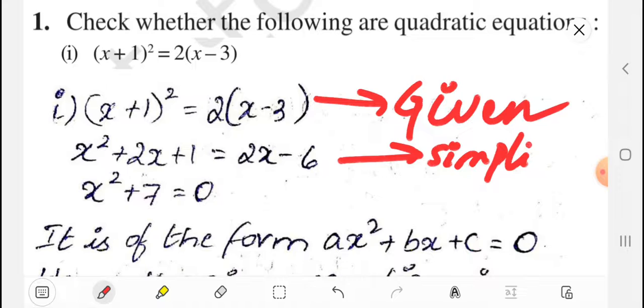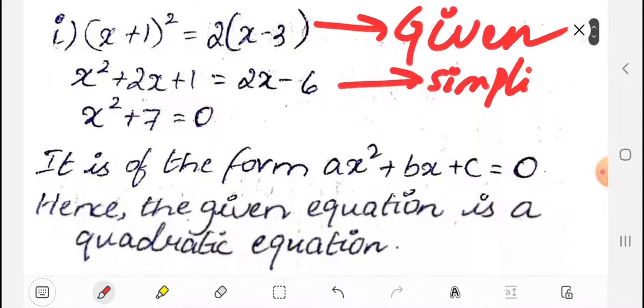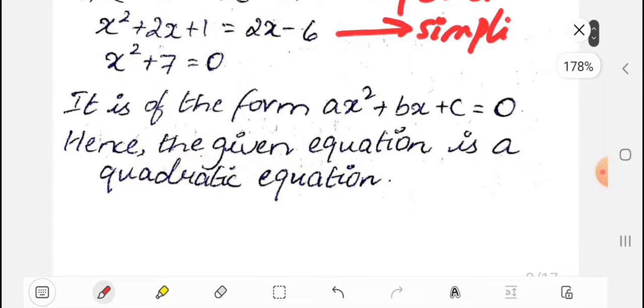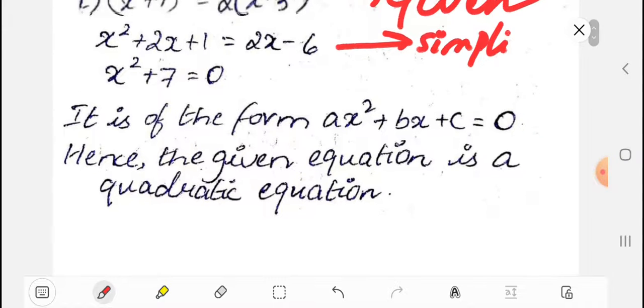Minus 6, when it comes to the LHS, becomes plus 6, and plus 6 plus 1 becomes plus 7. So it is of the form ax square plus bx plus c equals 0. Therefore, the given equation is a quadratic equation.